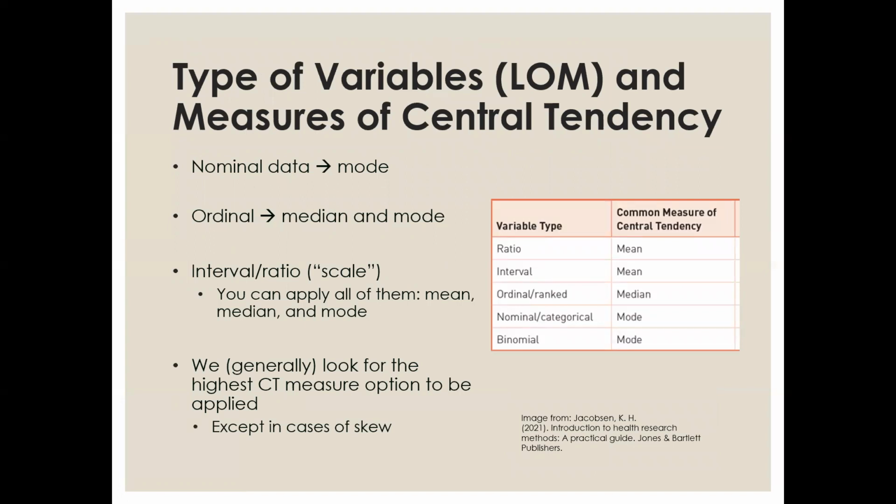Here's a table that I really like, and it'll give you a nice example of what level of data you have, and then what measure of central tendency you use. So give yourself a chance to look over the table, right? When you have nominal level variables, you can only say the mode, right?